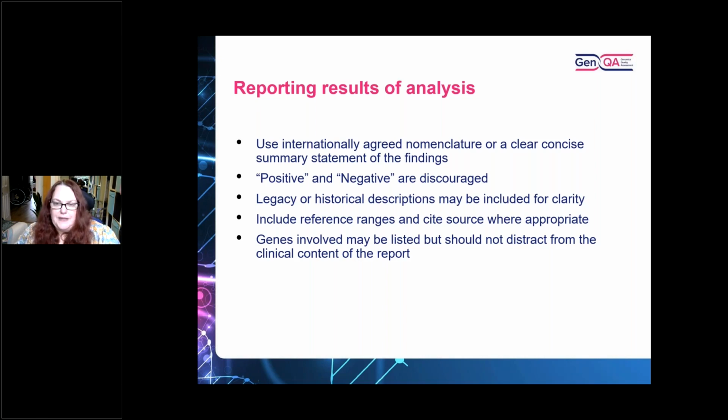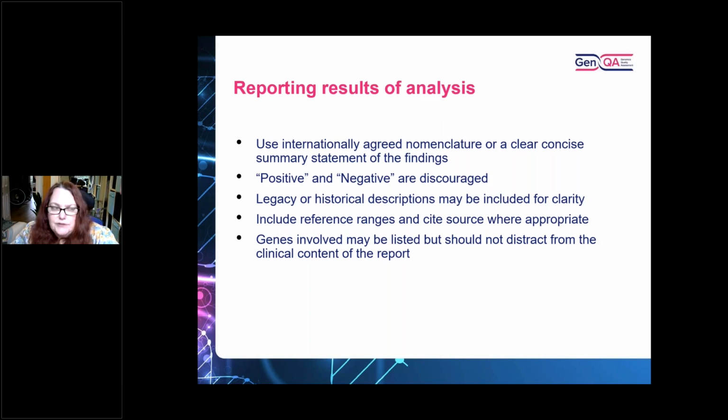And one of the things that we discourage, for the most part, because we do appreciate there are some types of results that do need to be described as positive and negative, is the use of positive and negative in respect of, have you found a variant or not? You shouldn't be using positive or negative.